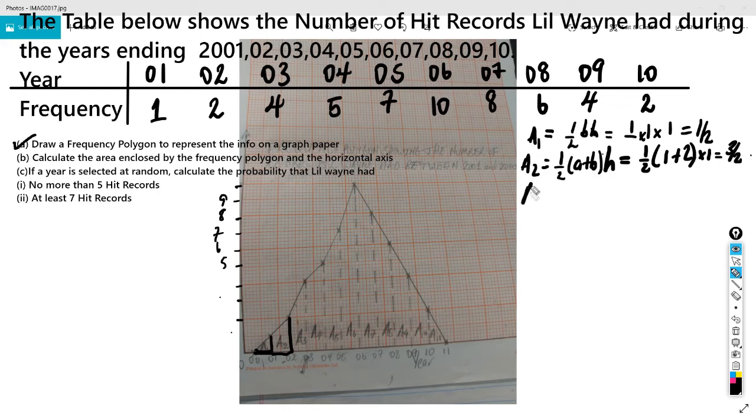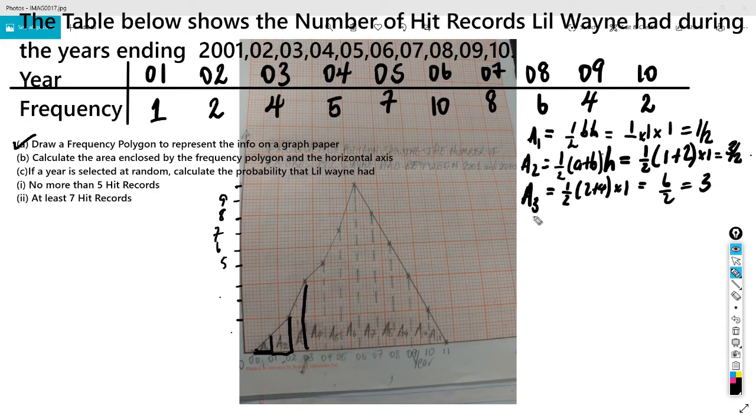All right. So A3 is going to be equal to the same trapezium, half, in this case multiplied by 4, right? And then here is also 2. So it's 2 plus 4 multiplied by 1. So in this case, it's going to be 6 over 2, which is actually equal to 3, right?